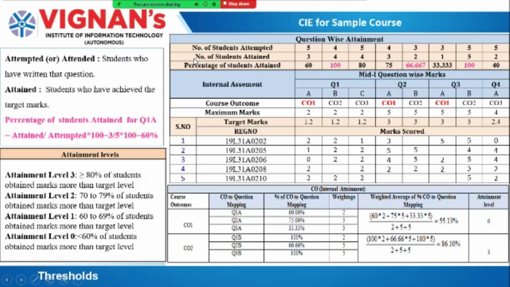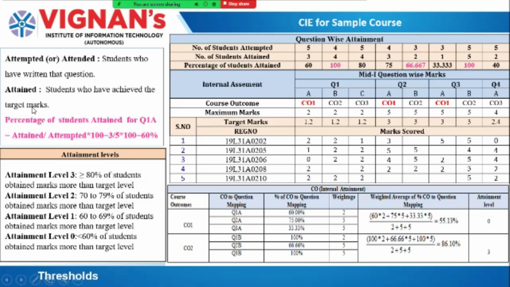For example, out of 5, the target is 3. For 10, it will be 6. So if 80 percentage of students got the marks 3 or more than 3, then you will get attainment level 3. See here 86.10, this is more than 80. Then the attainment level will be 3.